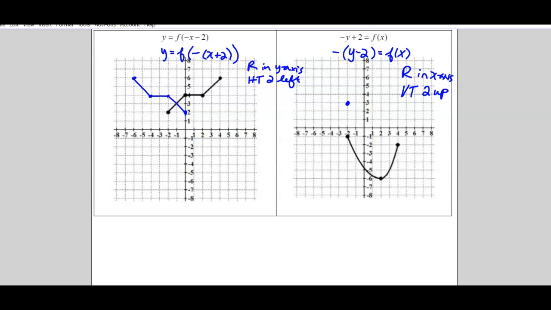Reflection in the x-axis, and then 2 up. Reflection in the x-axis, and then 2 up. Okay, definitely nothing invariant in that one. So really important that you factor out the coefficient of x or the coefficient of y. In this case, negative 1 was the coefficient. You're done. Okay?